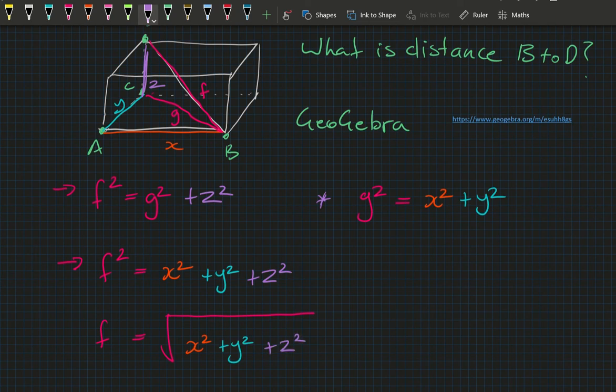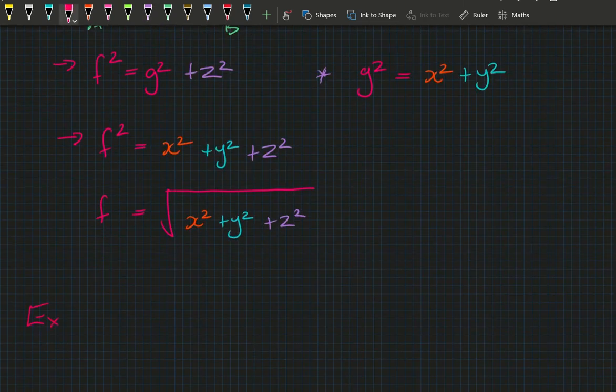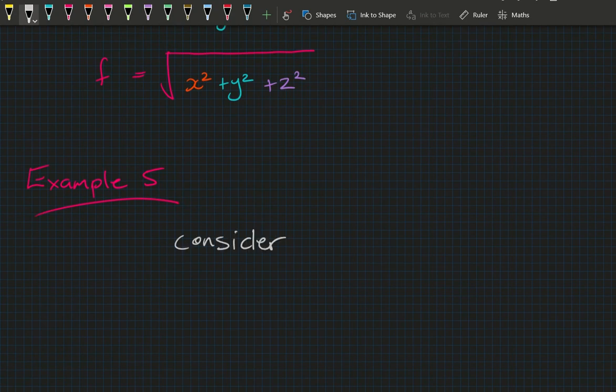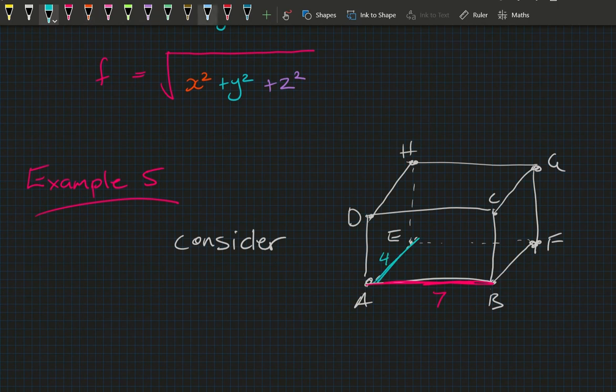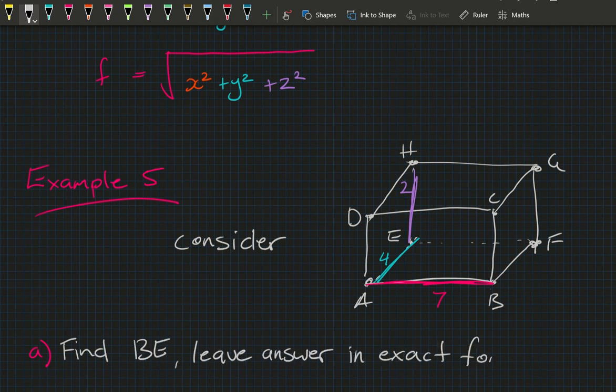Now let's put these facts to work with numbers in example 5, where we consider a rectangular prism with corners A, B, C, D, E, F, G and H with side lengths 7, 4 and 2. In part A, we're asked to find BE and leave our answer in exact form.